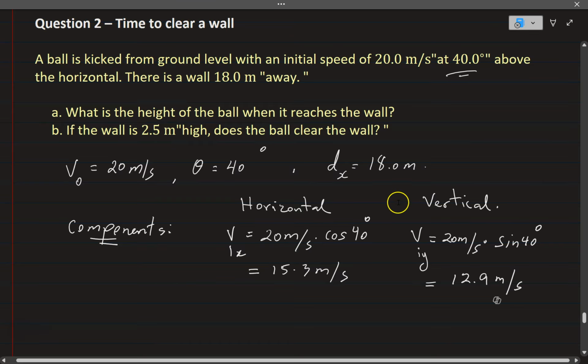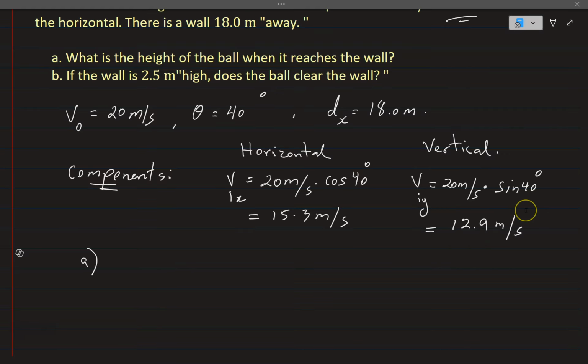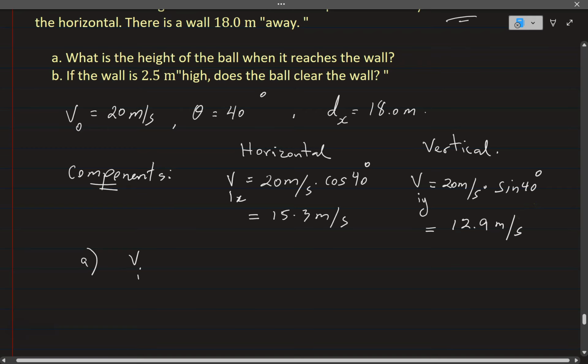Okay, now that we have this, we're going to find the time, and that's just too easy because we already know the distance. We have the speed of the horizontal and vertical, but in this case, we want the horizontal because it says reaches the wall, so the horizontal and vertical time will be the same. For part A, we use v_ix equals dx divided by t.